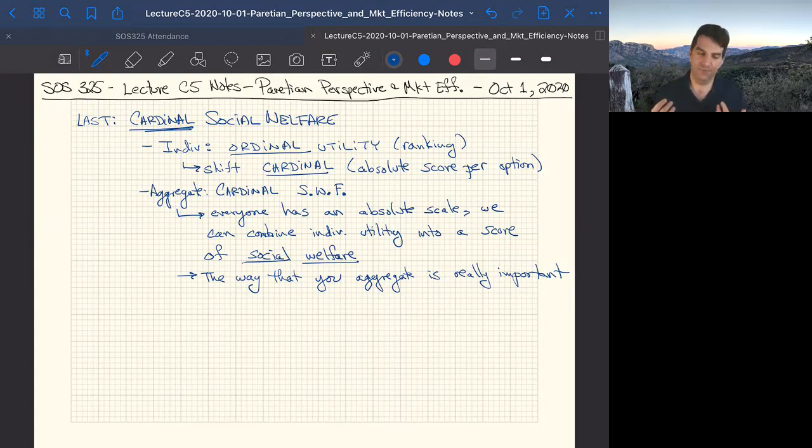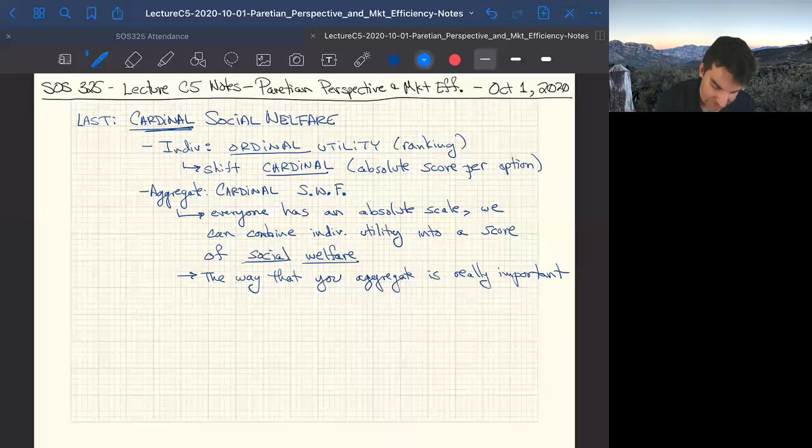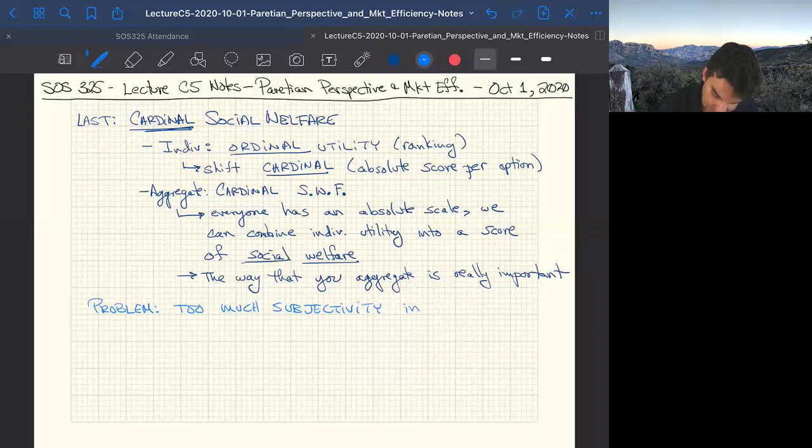And so basically, the problem here is that there's too much subjectivity in the social welfare function choice in many applications to be practical.